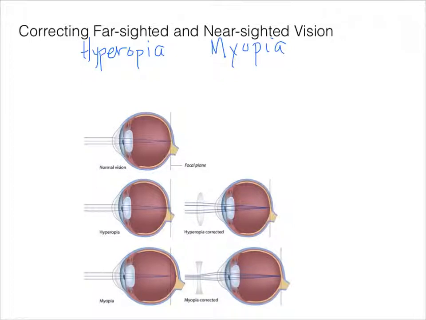And so when we add the refraction from the eye to the refraction caused by that corrective lens, now the light waves come to a focal point on the back of the eye, and that allows the brain to interpret that image clearly.